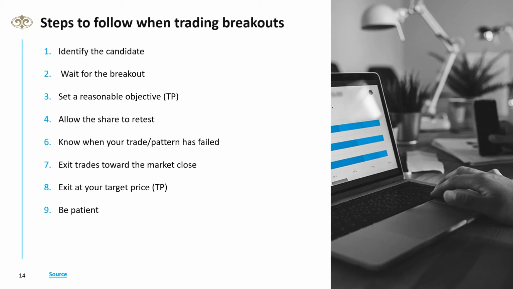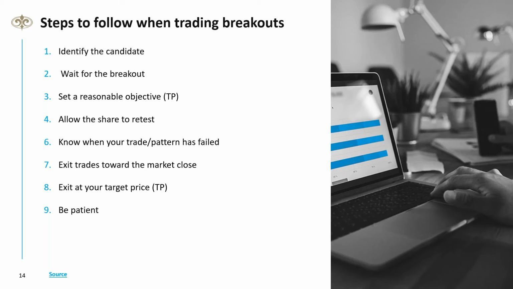You can see right at the bottom there, you have to be patient with the strategy. You want to set a reasonable price objective, or target price, or take profit price. The charts, I believe, always give you those kinds of numbers. Sometimes the price will break out, then come back and retest the previous resistance level, then kiss it goodbye and run.